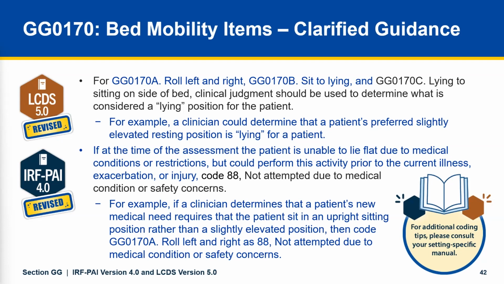An example of this would be if the clinician determines that the patient needs to sit in an upright sitting position rather than in a slightly elevated position. There have also been new examples added to the guidance manual pages that enhance the clarification of these concepts, so you will want to refer to those as well.